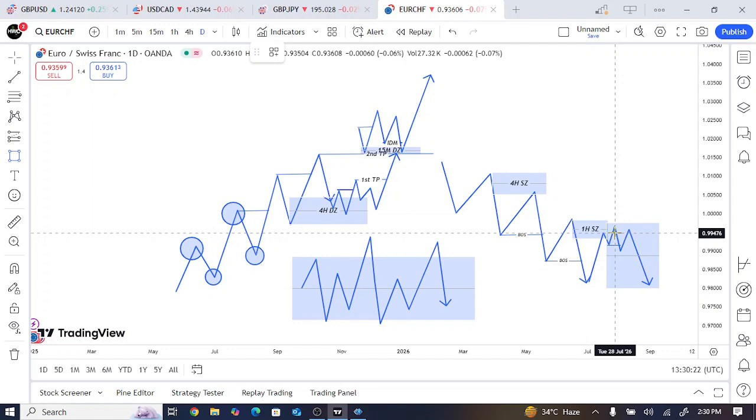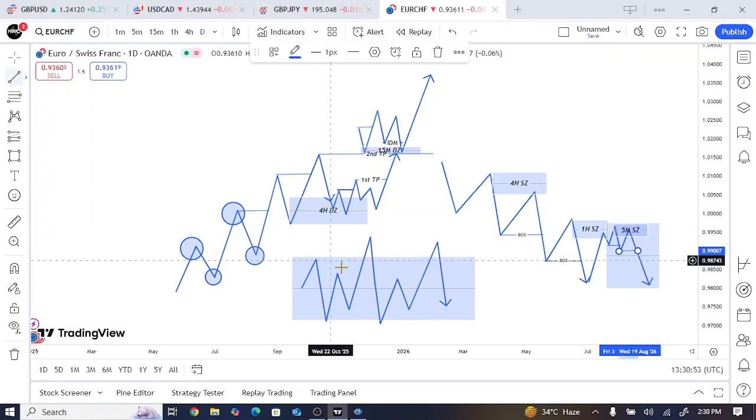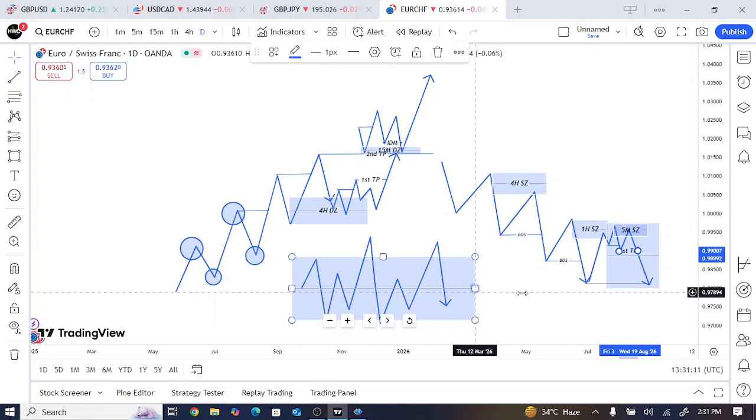Then target this first high. This is our first TP, while this one is our second TP.